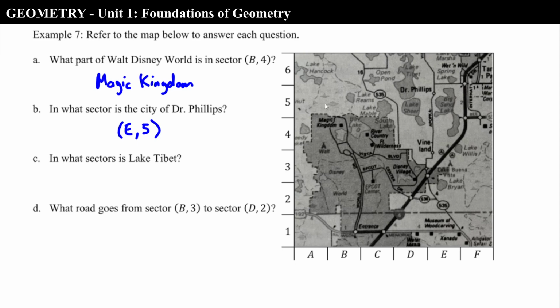So it's in D5 and D6. And then finally, what road goes from sector B3 to D2? Well, here's B3 right here, and here's D2 here. So it looks like Epcot Center Drive is that road.